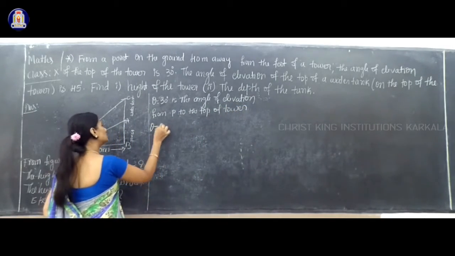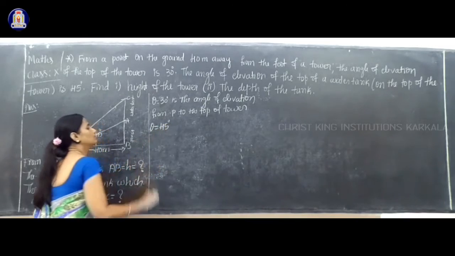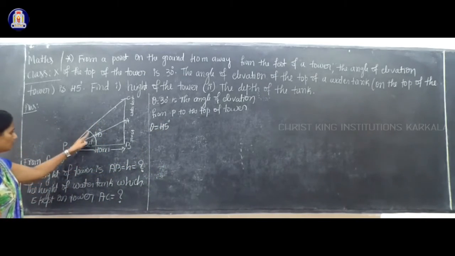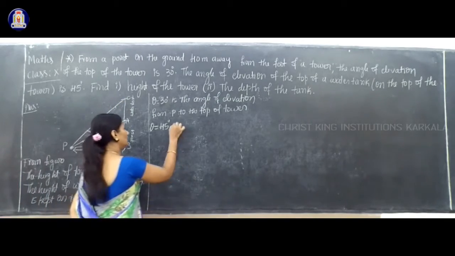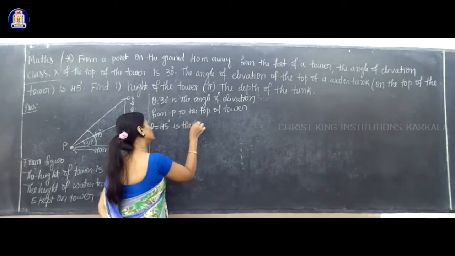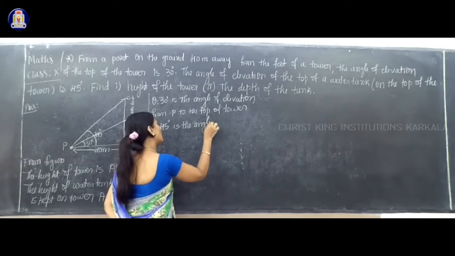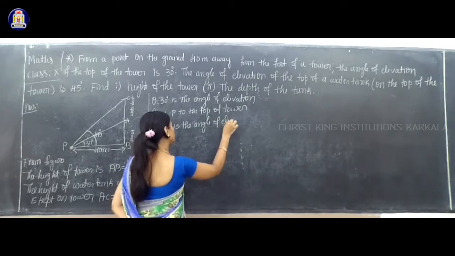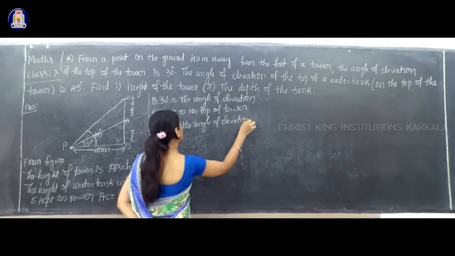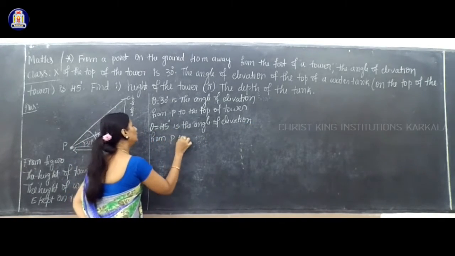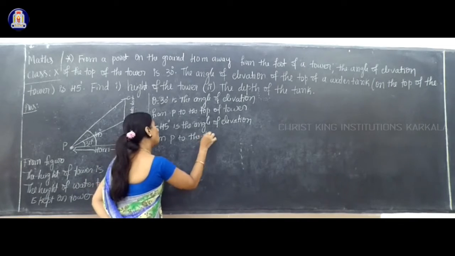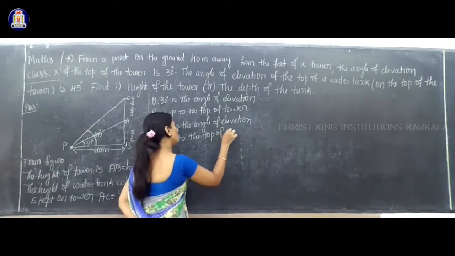Now next, theta is equal to 45 degree. What is theta equal to 45 degree? From the point P to the top of the water tank is the angle of elevation.